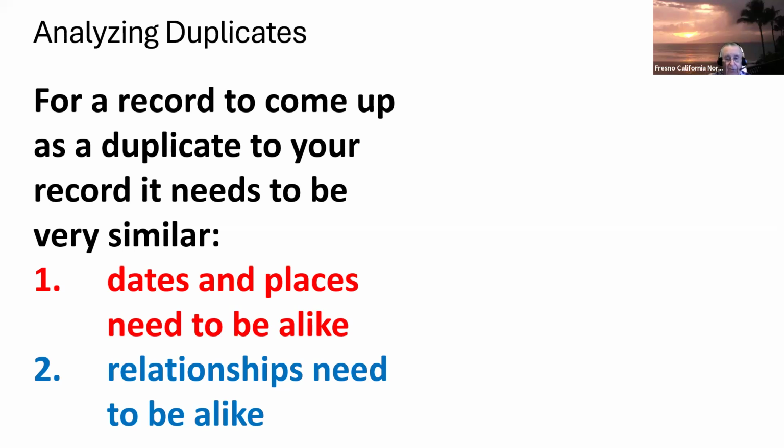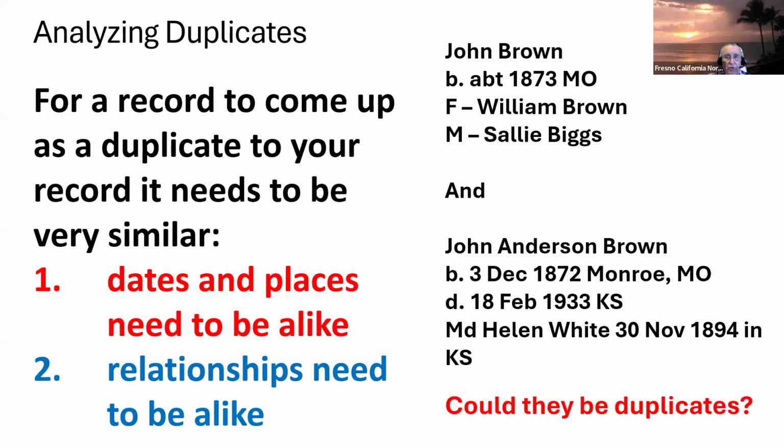So I've done a little test to show you. Here are 2 pretend records. Actually, I think that bottom one I took from Tree, I don't remember, and I made up the top one based on that information. Would these 2 show up as duplicates? The answer is no. They will never, ever show up as duplicates in the form they're in.